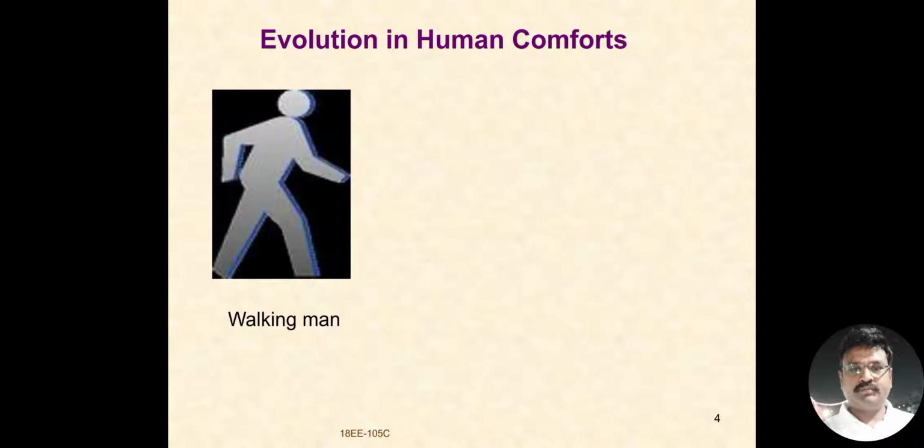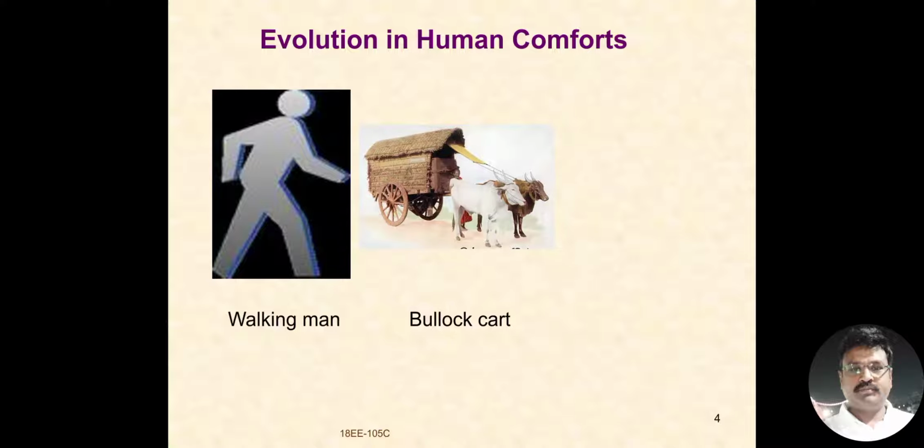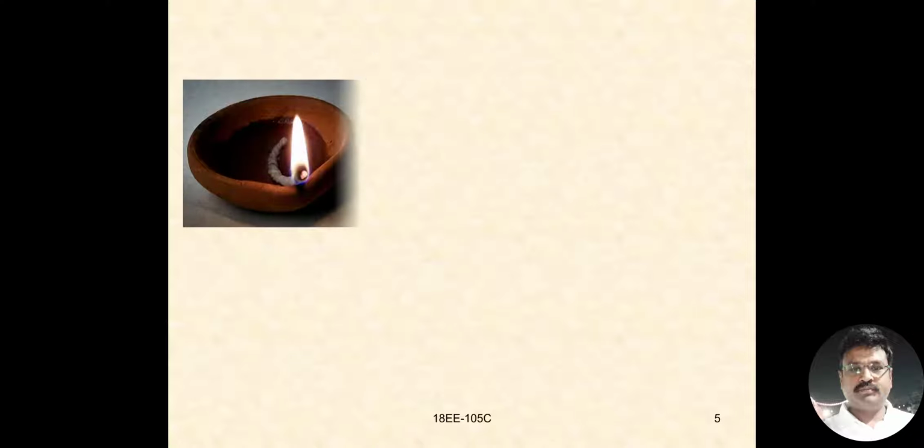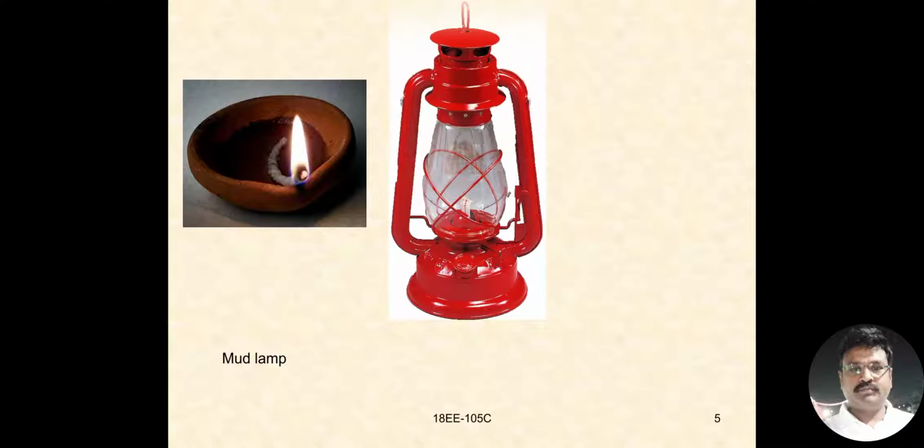You can see the first image is the walking van. The next is a bullock cart. The last one is the car. See another facility. It is a mud lamp and kerosene lantern.